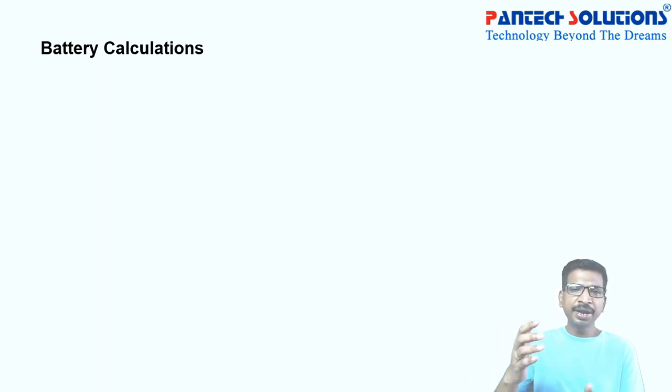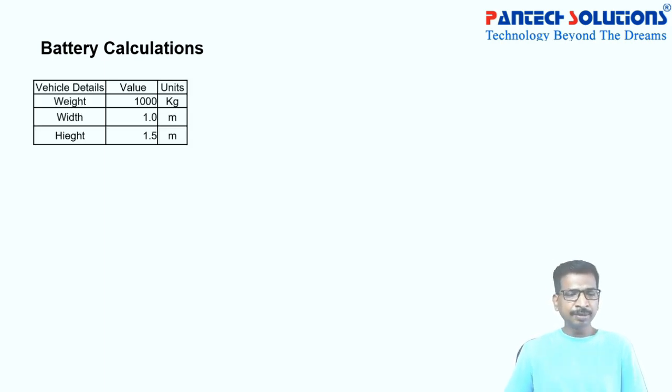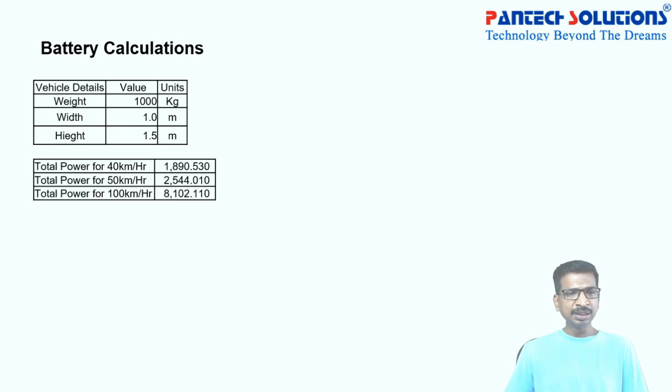And now if you have calculated the motor power requirement, from this we have to calculate the battery sizing. Generally people call it battery sizing. If you take the vehicle dimensions, for a speed of 40 km per hour you may calculate a 1.8 kilowatt motor, or for 50 km per hour, the motor power requirement is about 2.5 kilowatt.